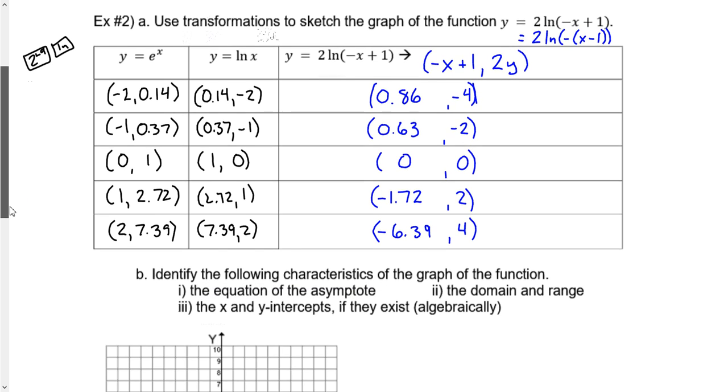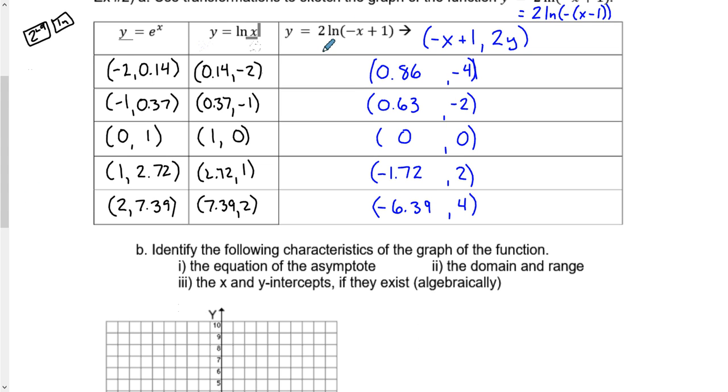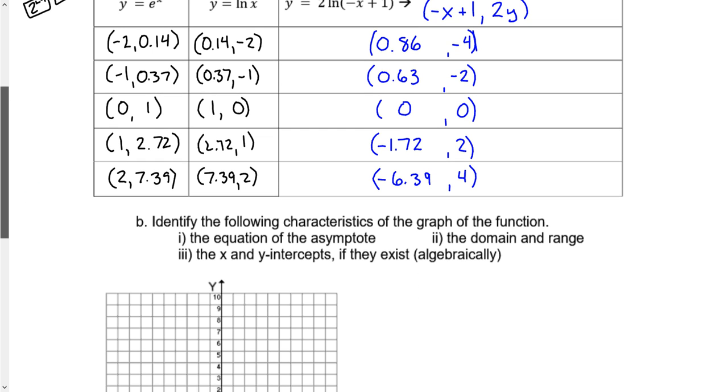Okay, so let's do a sketch of the ln x, and then we're going to do that transformation.